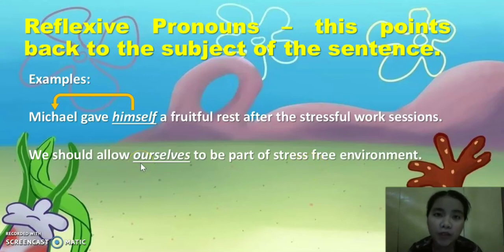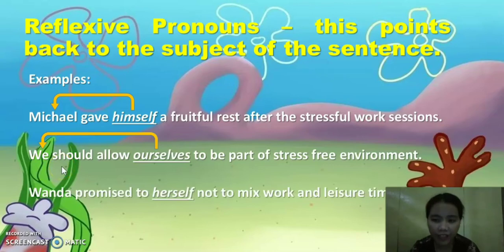So the compound personal pronoun, and there are two kinds of compound personal pronouns, which are reflexive or intensive. So this one is reflexive, class. Ourselves is referring back to the antecedent we.